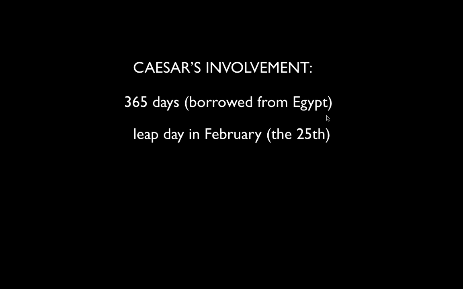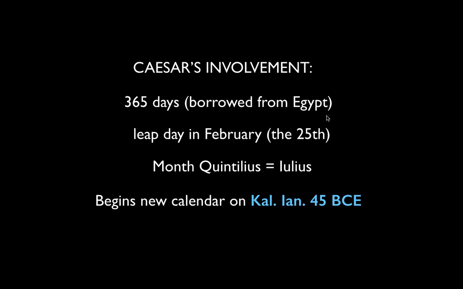Now, Caesar's involvement. So he changed it to a very rigid 365 days to make sure that winter happens in winter months. And he also included the leap day every 4 years to offset, because all of this has to do with the moon and how the earth goes around the sun and how long that takes, and that's not perfect, so you need to kind of readjust it, tweak it back a little bit.